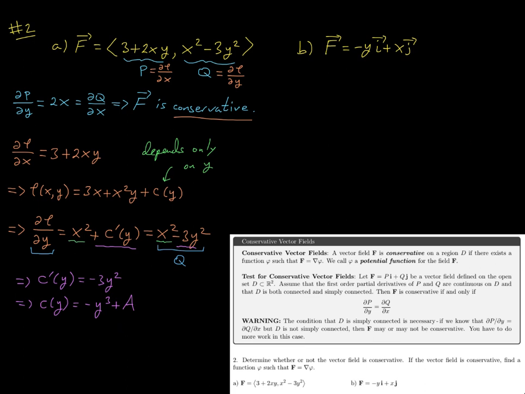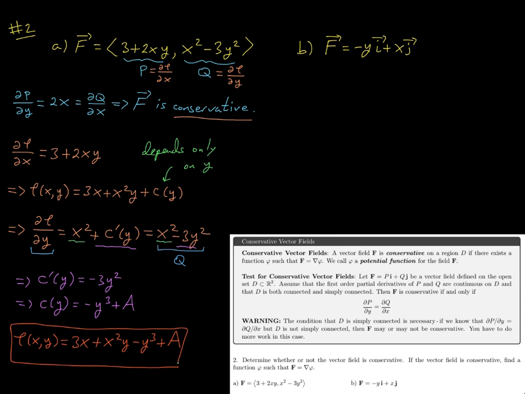All right, so now putting that all together, our potential function phi is equal to 3x plus x squared y plus c of y, which we just found was minus y cubed plus some constant.